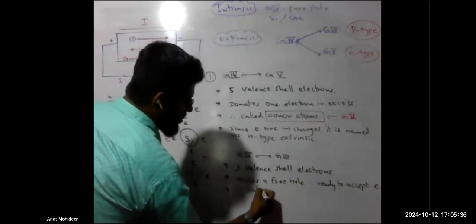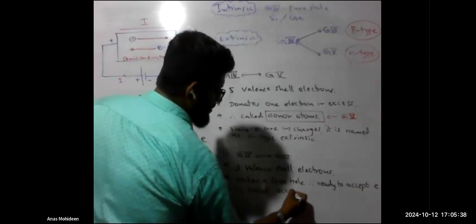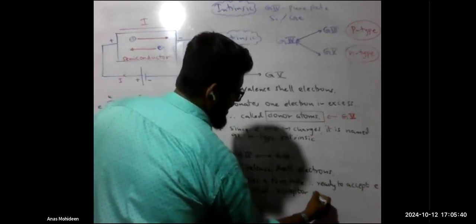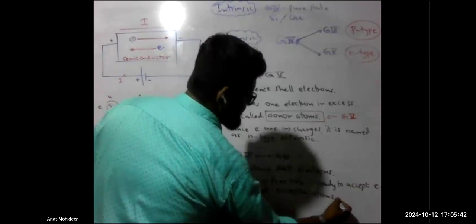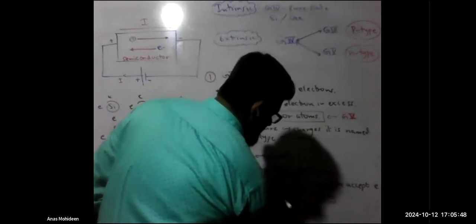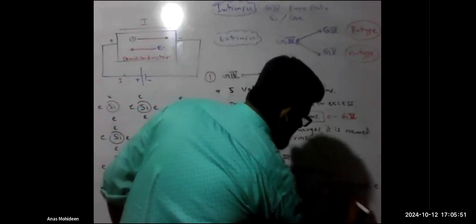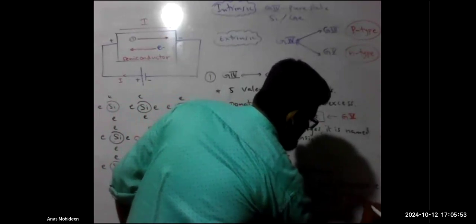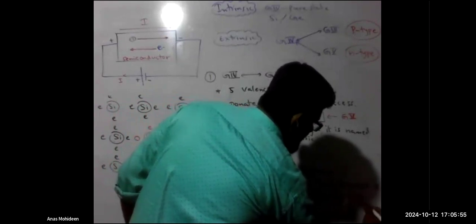So they are called acceptor atoms. Who are called acceptor atoms? Group 3 elements. Group 3 atoms are called acceptor atoms.